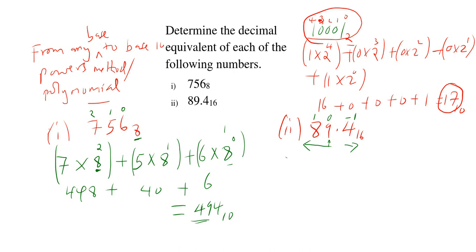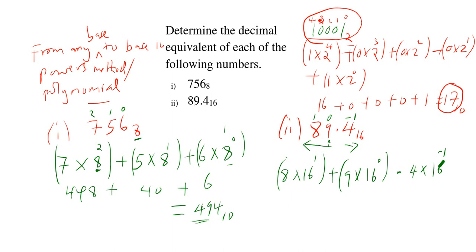So in this case, our 8 will be multiplied by 16, and at this point 16 is power 1. We add 9 times 16 power 0. Then this is point, and we shall take our 4 times 16 power negative 1. Remember, 16 is the base.